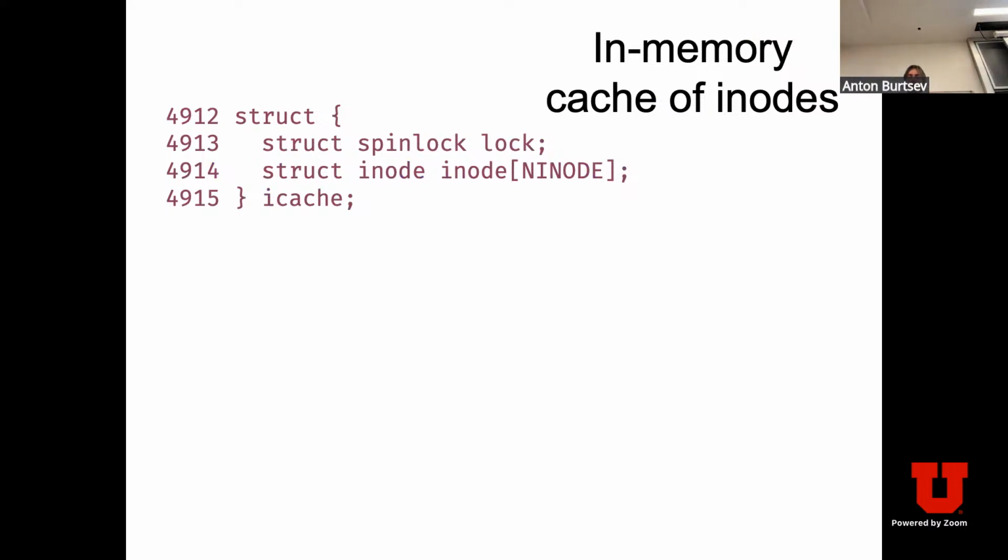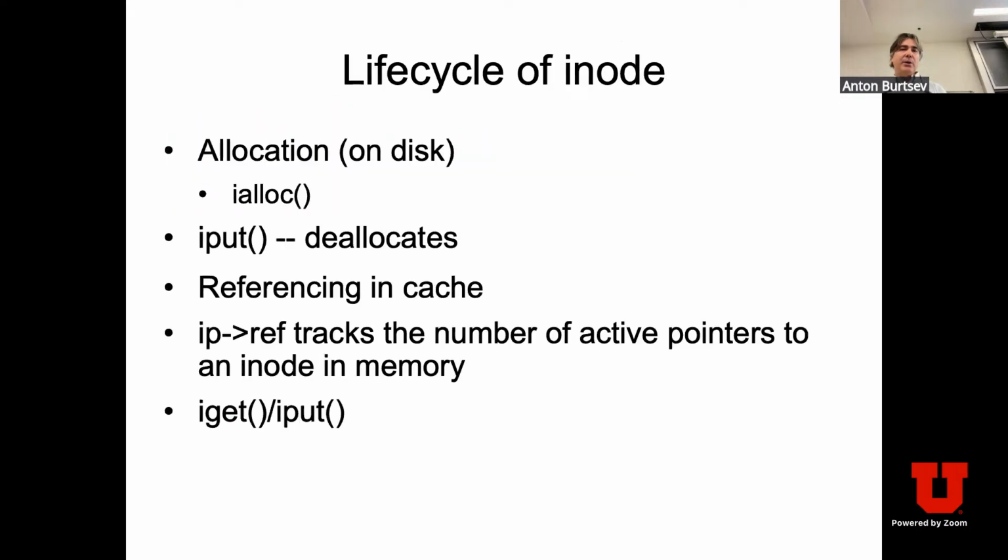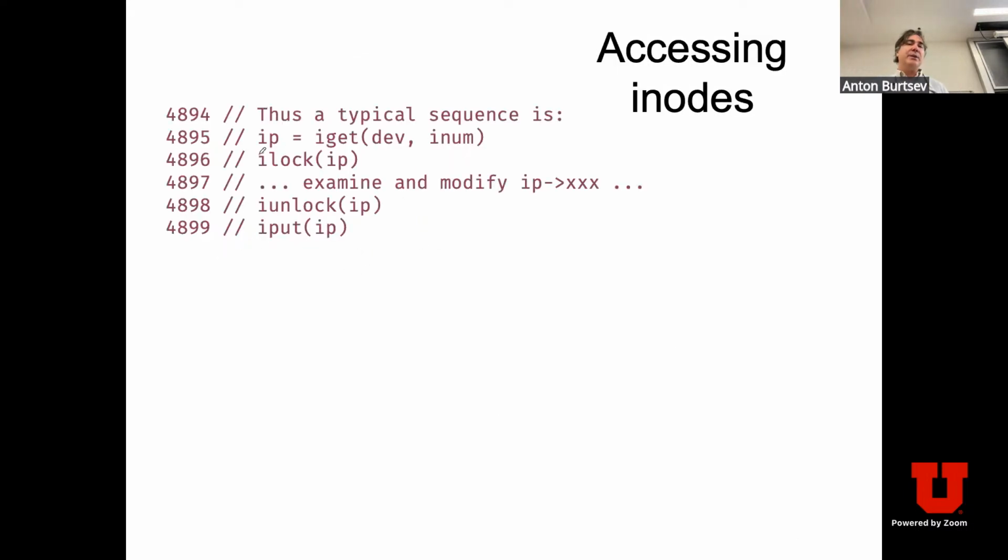So similar to a buffer cache, it says I have an array of inodes in memory, and a lock to make sure that we're synchronized. This is statically allocated. And then every time you try to allocate an inode, you go through a typical life cycle. You say, look, I want to read an inode number from this specific disk.